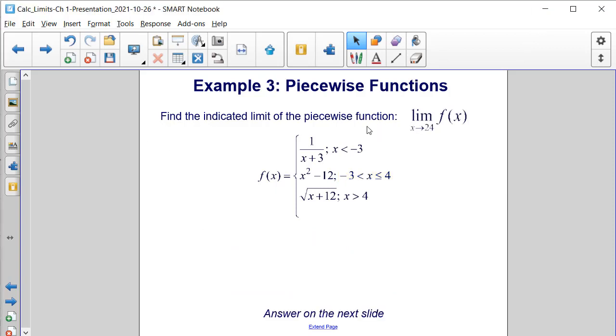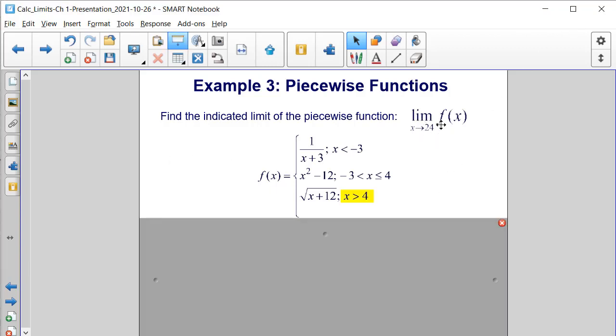Find the indicated limit of the piecewise function. Same function, but now we're taking the limit of f of x as x approaches 24. Notice that the c value of our limit, 24, lies within the last section of our domain for this piecewise function. So we're going to substitute 24 in for x in this section.